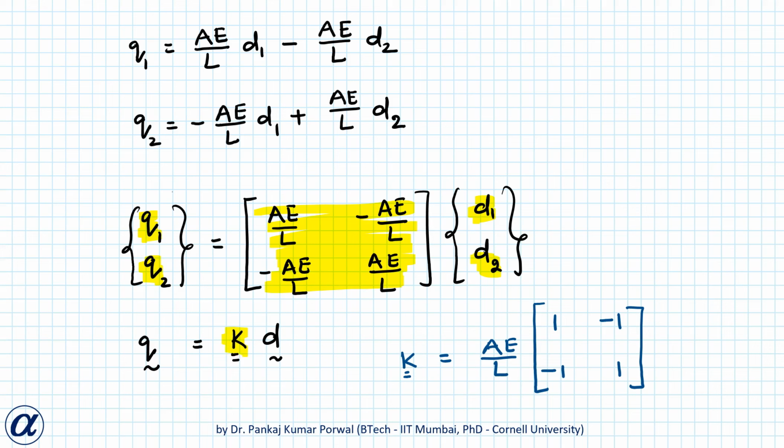This matrix K is called the stiffness matrix for the member, and note that both these equations were written in the local coordinate system. So Q, K and D are the quantities in the local coordinate system.